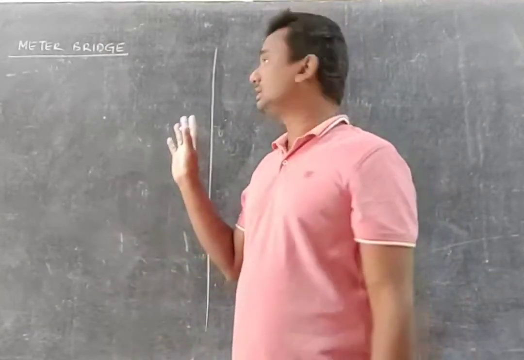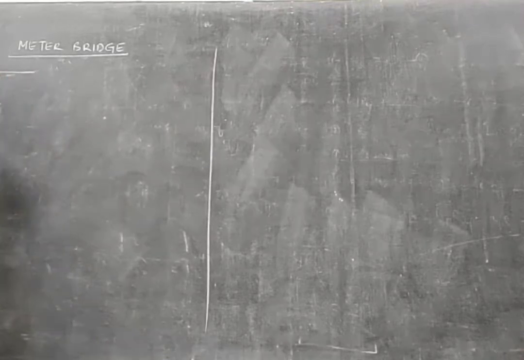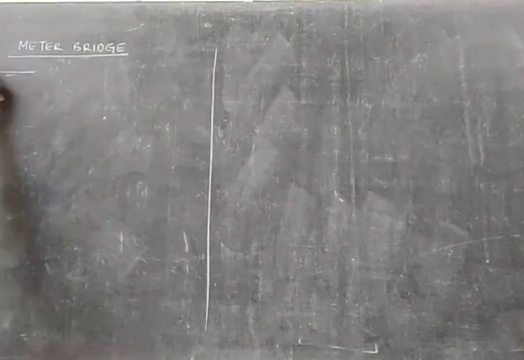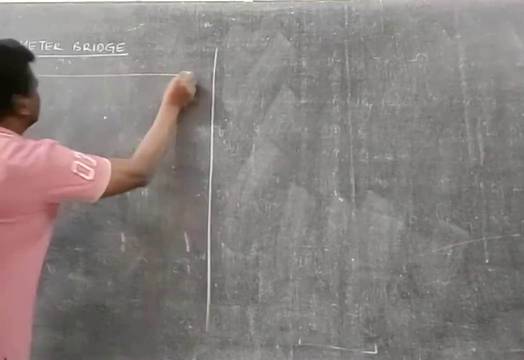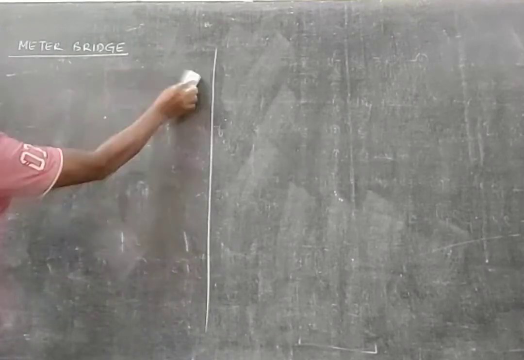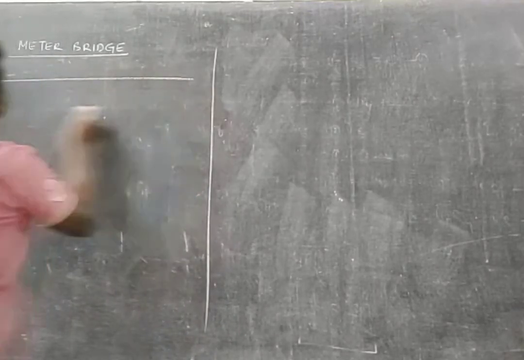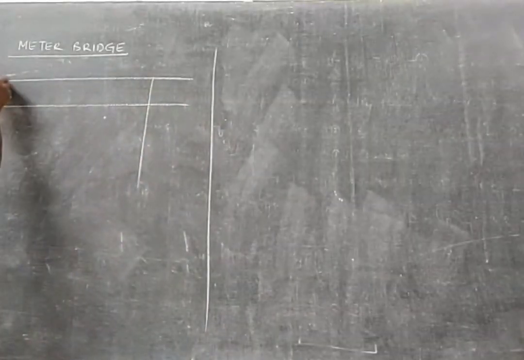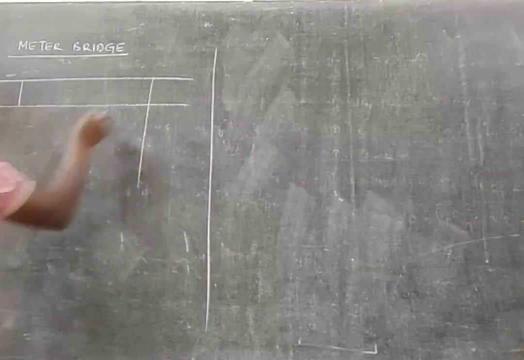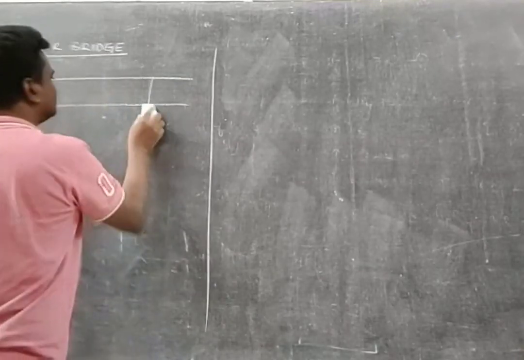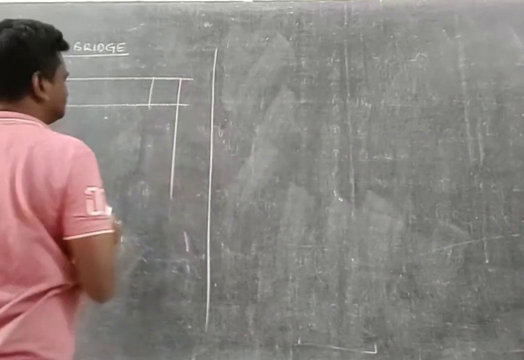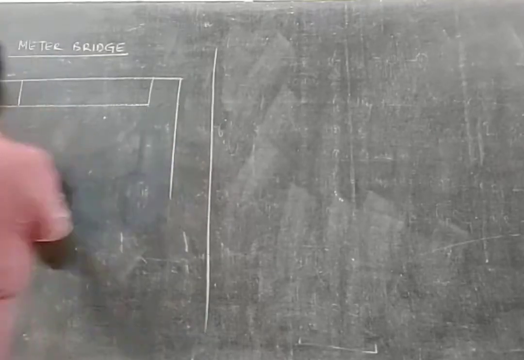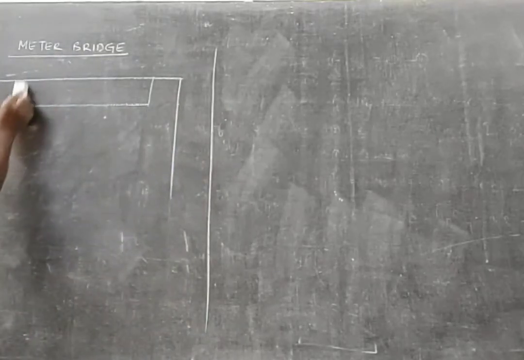Now let us take two conducting plates, as shown in the figure. These are conducting plates, right?